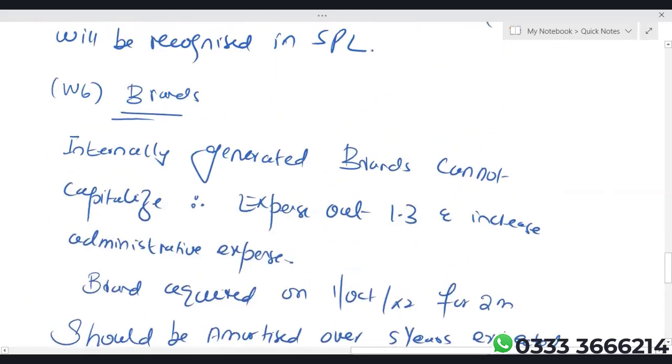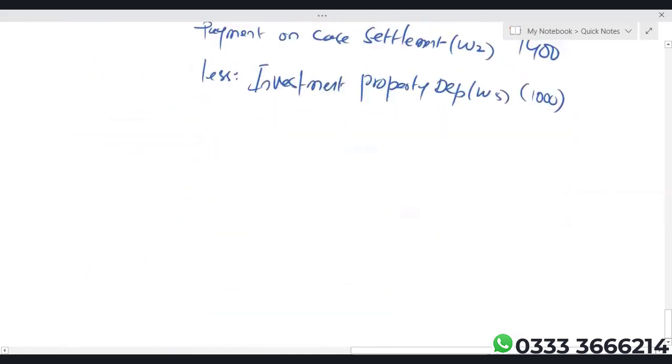Okay, now internally generated brands, 1.3 million expense out, working 6, and amortization is 100.